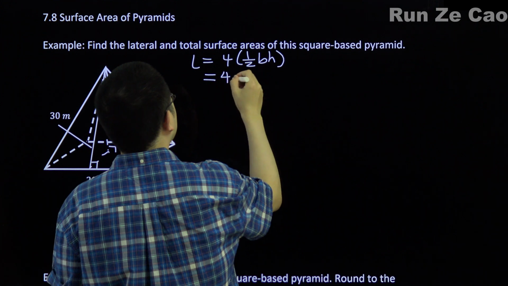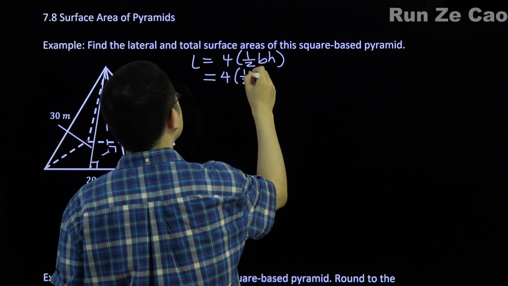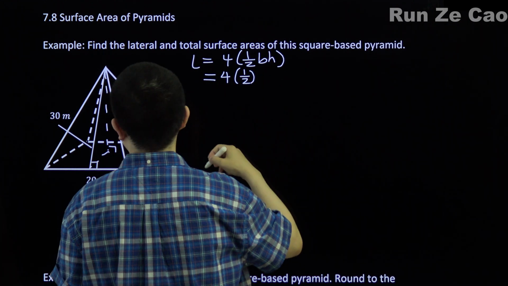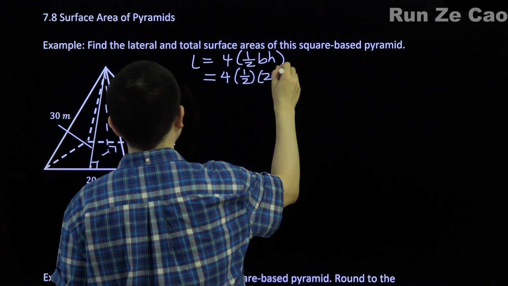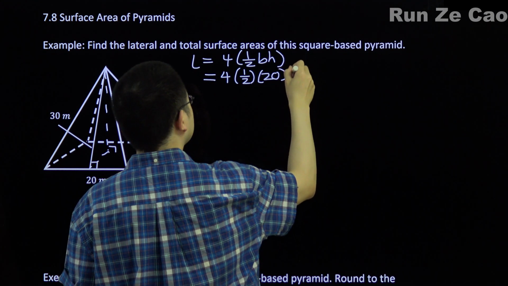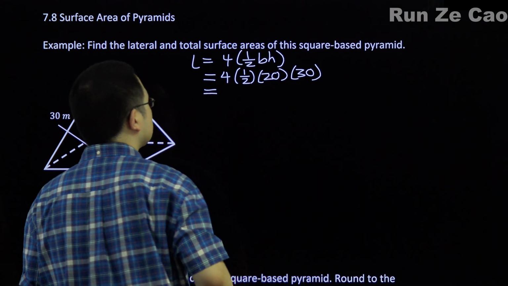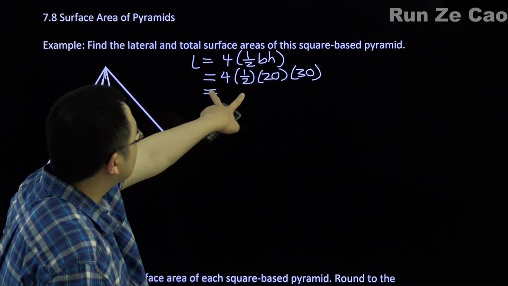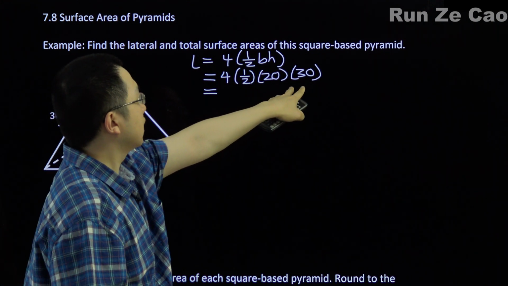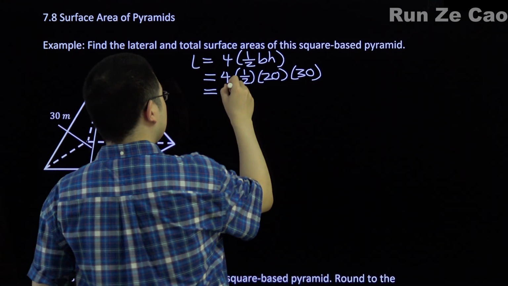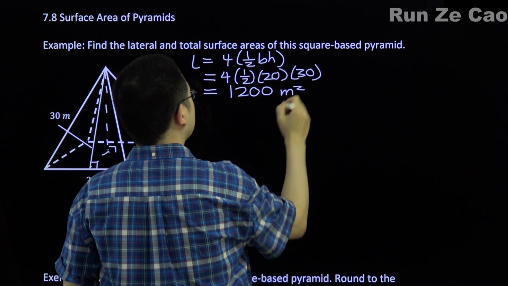So it's 4 times 1/2. We could have changed this to 2 if we liked. Base is 20. The slant height here is 30. So we got 40 times 30, and that gives us 1,200 meters squared.